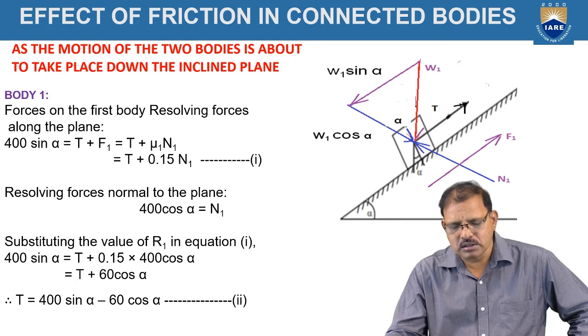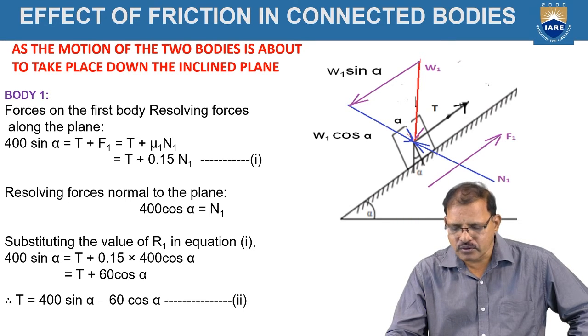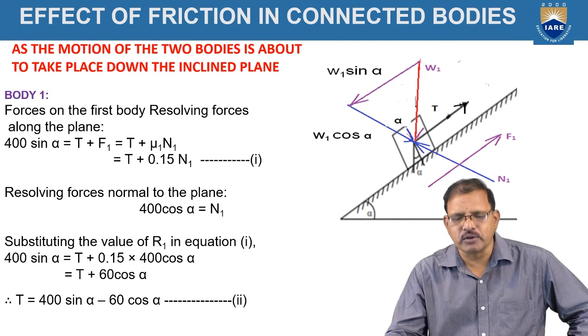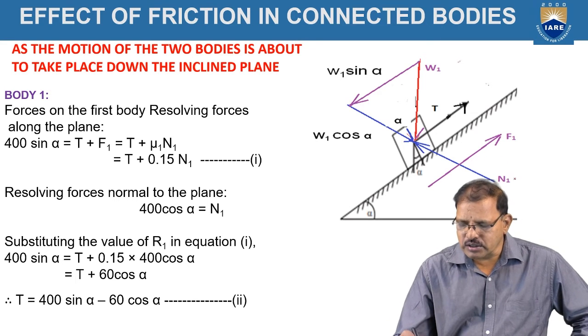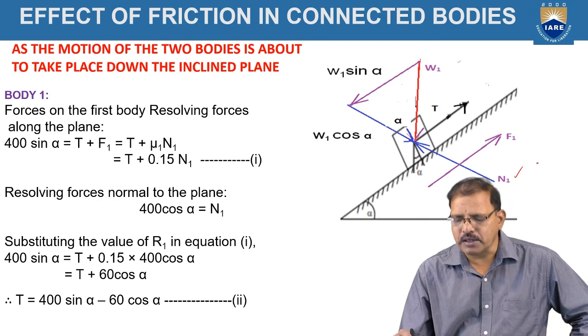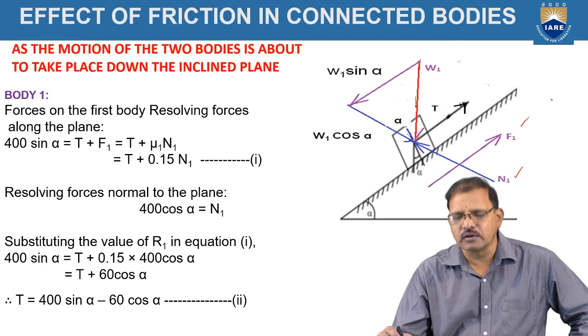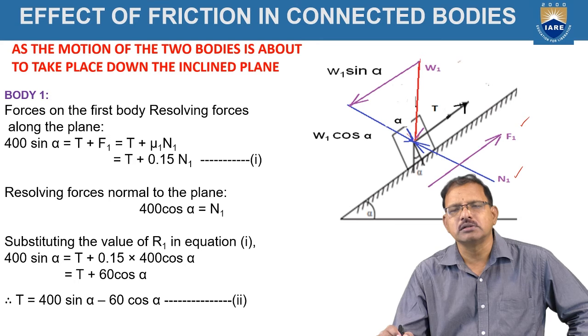Now I am drawing the free body diagram for the first body. Since the body tends to move in the downward direction, the friction force acts in the upward direction, and the remaining forces are shown here in the figure. Here N1 represents the normal reaction, which is perpendicular to the plane, and F1 represents the friction force, which is acting toward the right side because the body tends to slide downward.